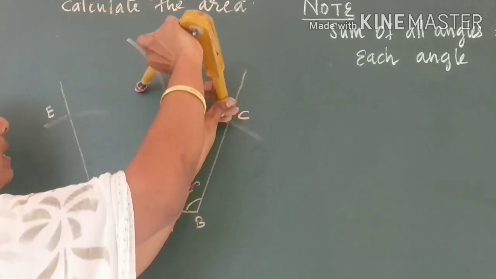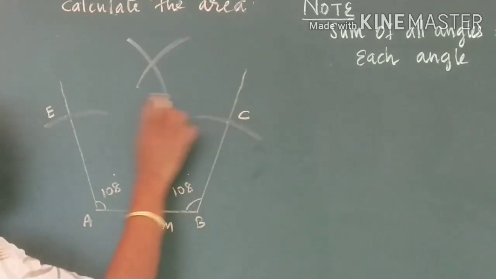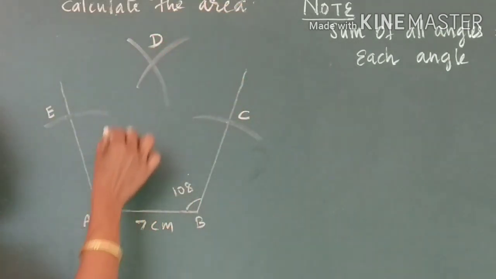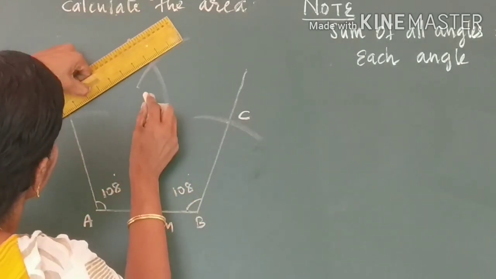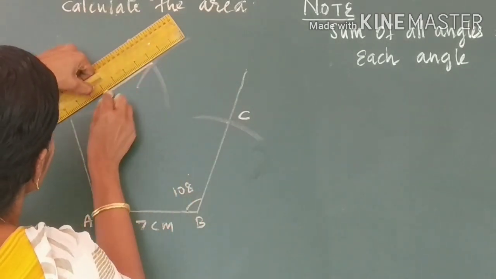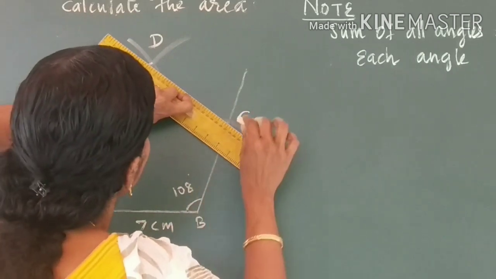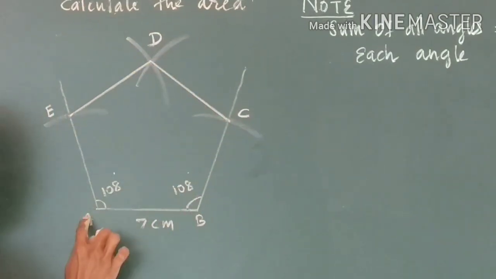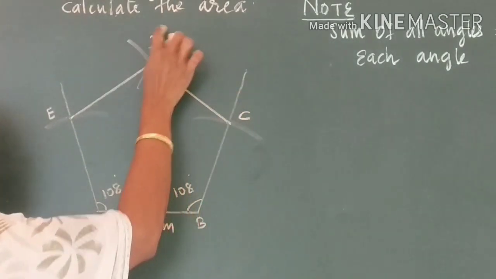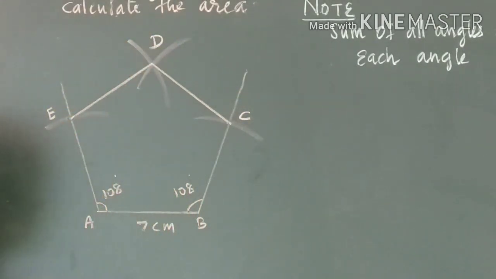Keep it at C, cut one more arc. They intersect at the point D. Join it, you will get a regular pentagon. Now, ABCDE is a regular pentagon.